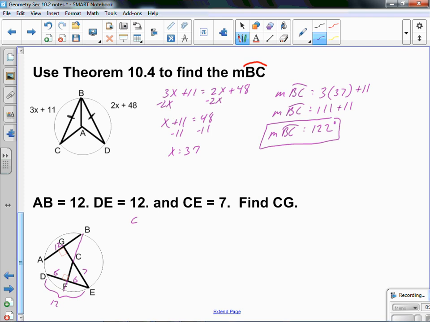So Pythagorean's, c squared equals a squared plus b squared. C is the 7. 7 squared is going to equal the length of CF squared plus 6 squared. So 7 squared is 49, CF squared plus 36.